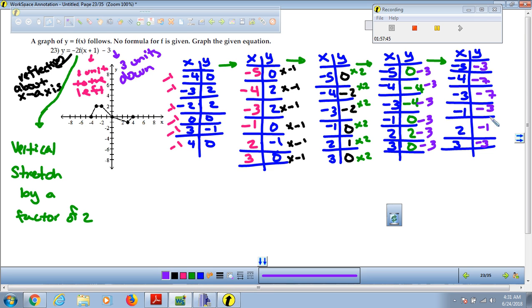So these are the final points that I'm going to plot over here on the coordinate plane.